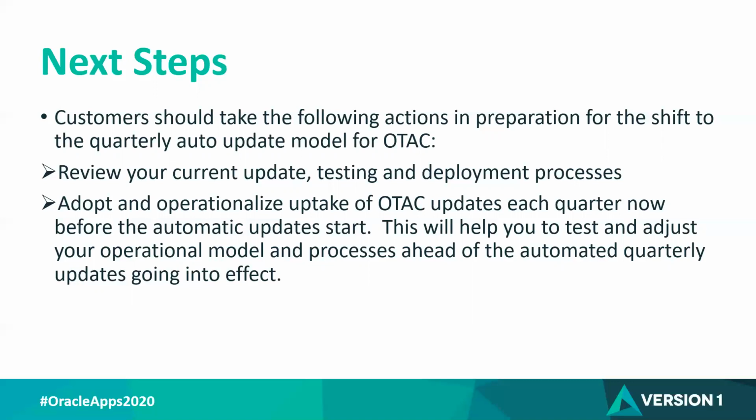This is the time when any changes or updates that the customer wants to make should be made. Also, this will help them to test and adjust the operational model and processes ahead of the automated quarterly updates.